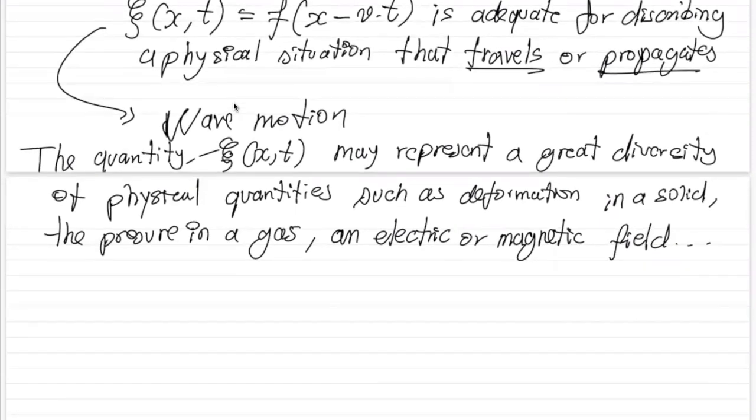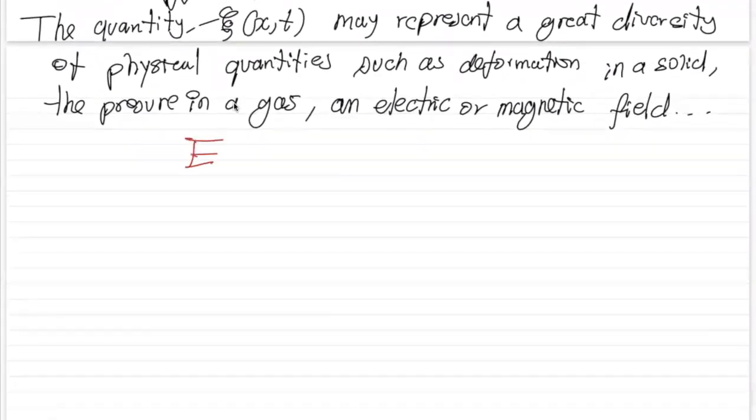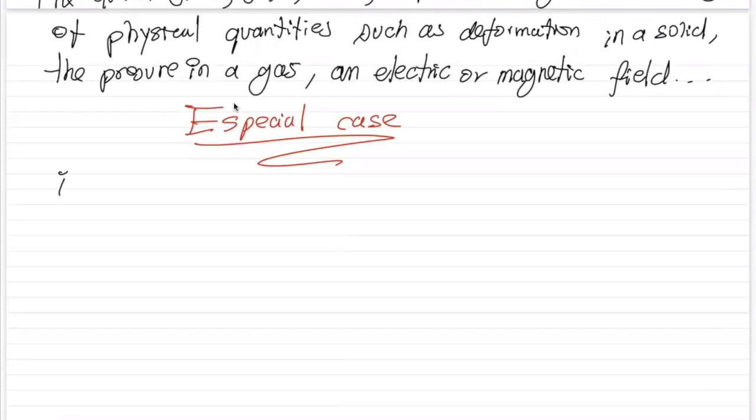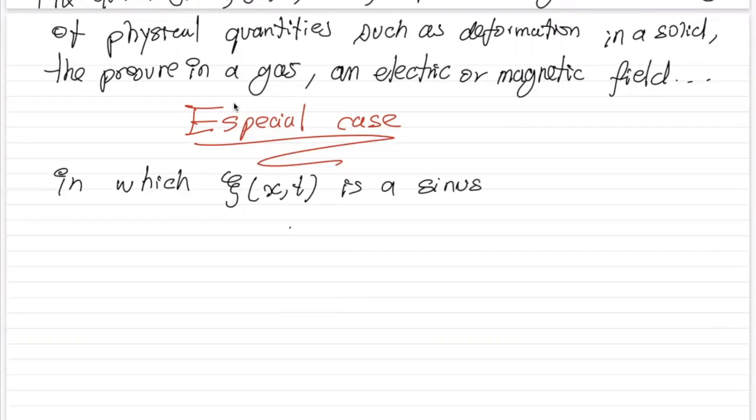So now we are interested in the special case in which this function z of x and t is a sinusoidal or harmonic function.